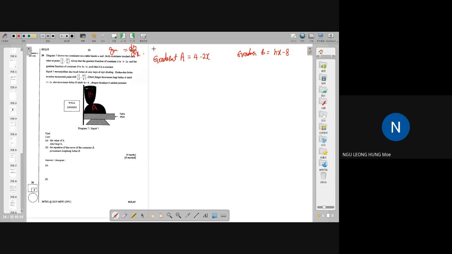Correct? Correct or not? Izzat and Darren. Of course, now we don't have y. Y now is actually the volume. Y is volume.